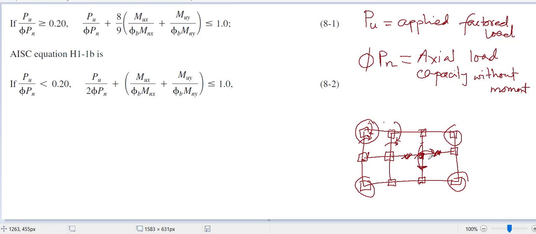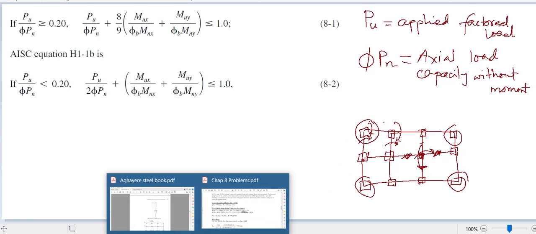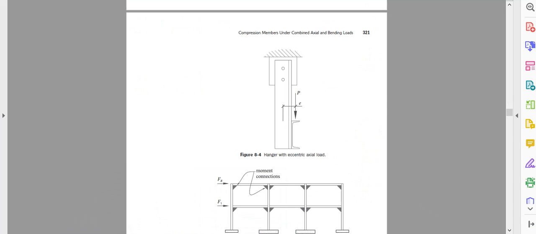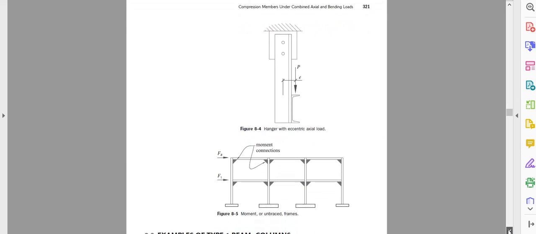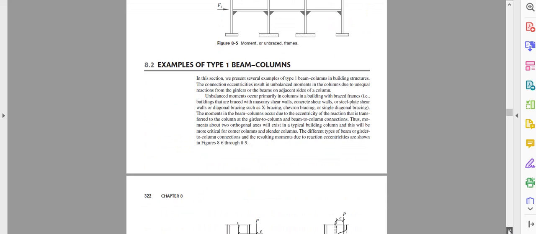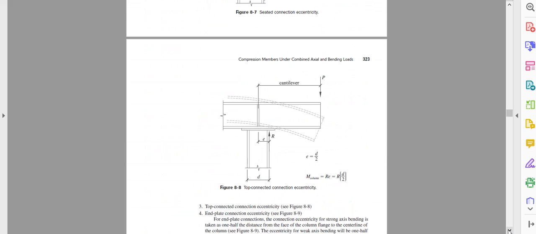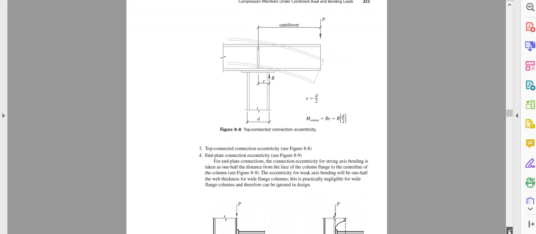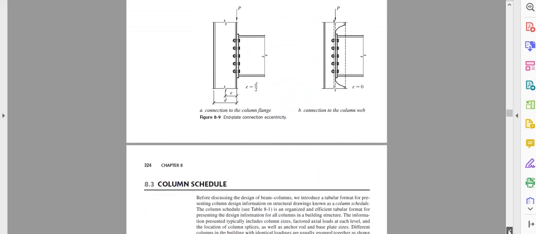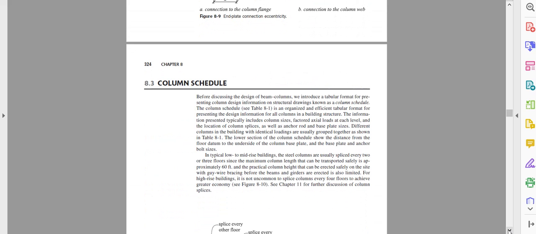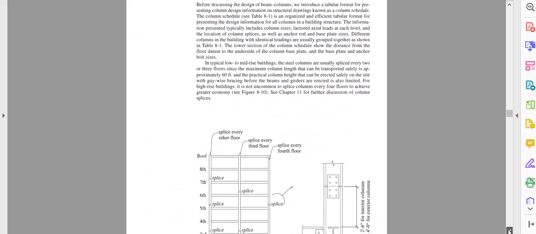So today our topic is how to design a steel column for moment. If I go to your book, to start designing you need the previous knowledge that we learned from previous chapters. I'm scrolling your book. Yes, this is the column schedule. It is important to understand.